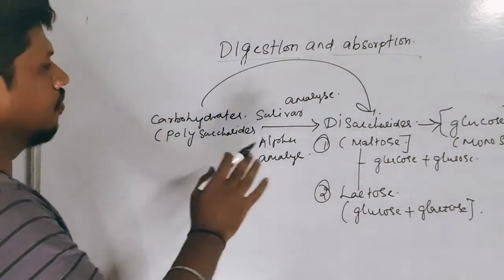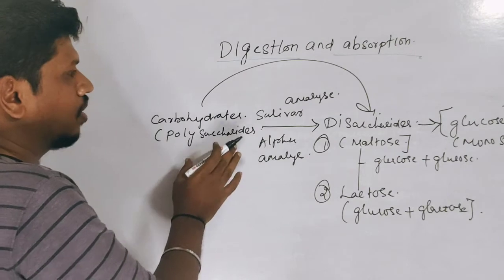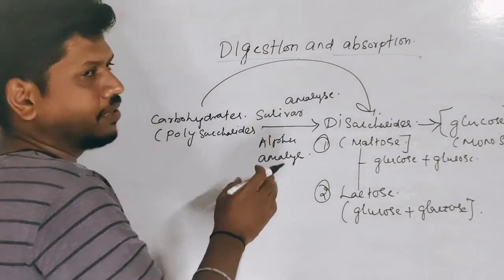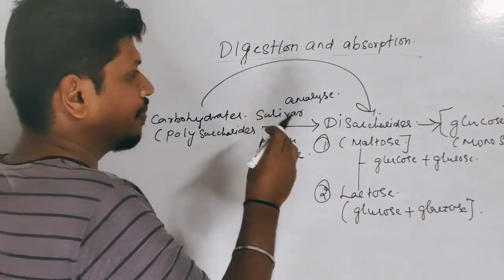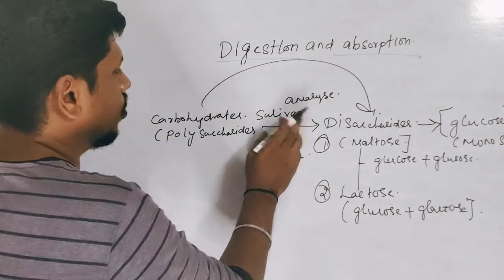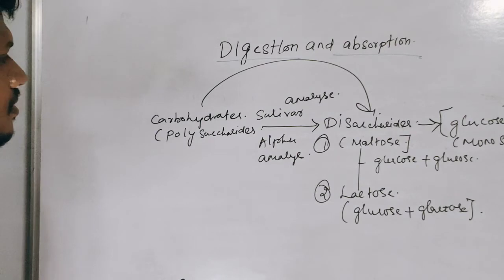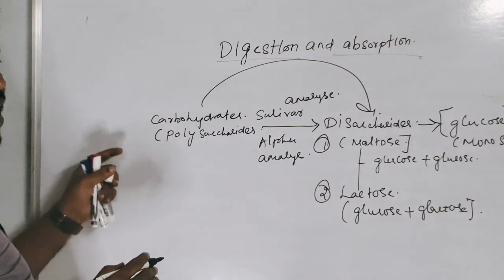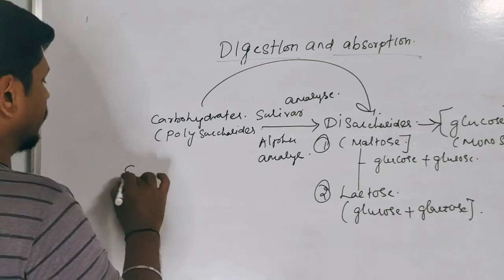That is the overview. Here what happened? Chemical breakdown happened, right? Chemical breakage happened with respect to enzymatic activities. Try to remember. Which means what? Digestion starts in our mouth itself.